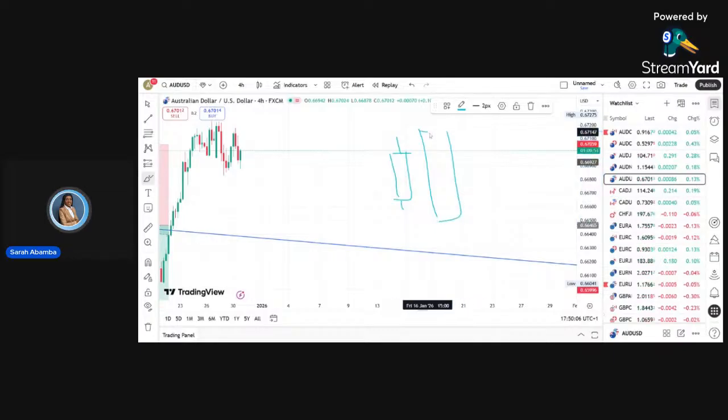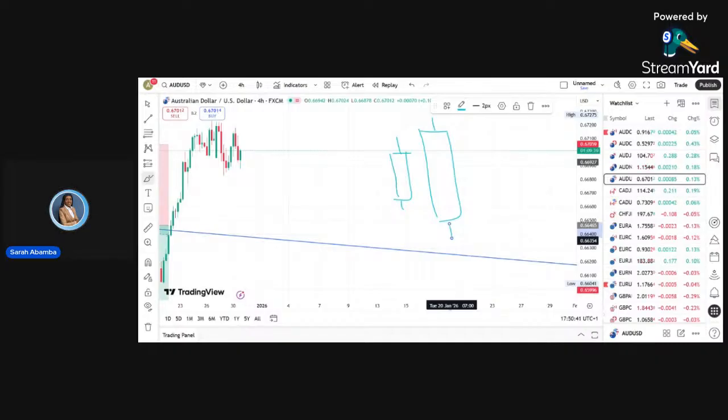This is what an engulfing looks like. Two candlesticks formed together, where the second candle totally covers the first candle. The second candle is bigger than the first candle.